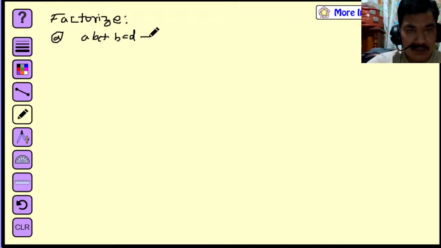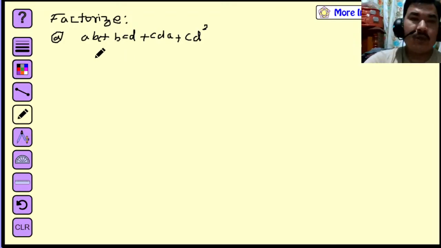Plus the third term is CDA, and the fourth term is CD square. There are altogether four terms. In this case, look at what to do.